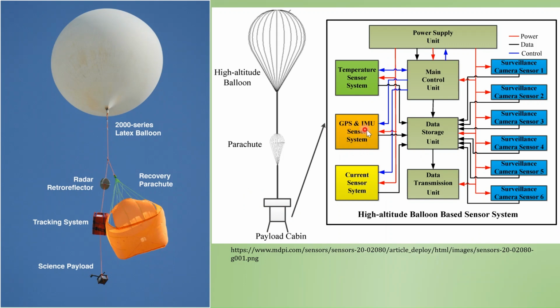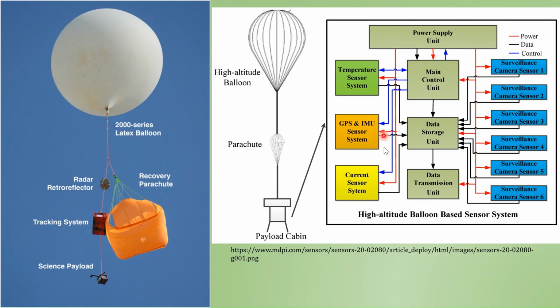This IMU is the inertial measurement unit, which gives us the data related to the movement of the platform. Then we have the current sensor system, and you can see that different types of sensors are placed. It can be a camera or a sensor. So here it is mentioned camera sensor 1, camera sensor 2.